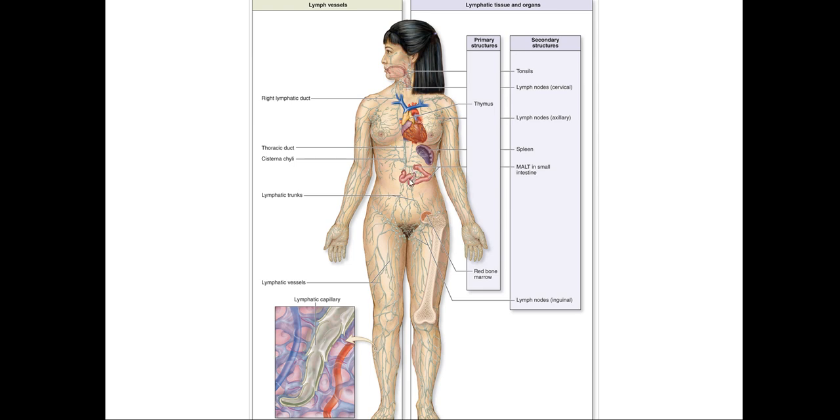Lymphatic nodule is located in the mucosa of the appendix and ileum in the digestive system, and in the trachea in the respiratory system.